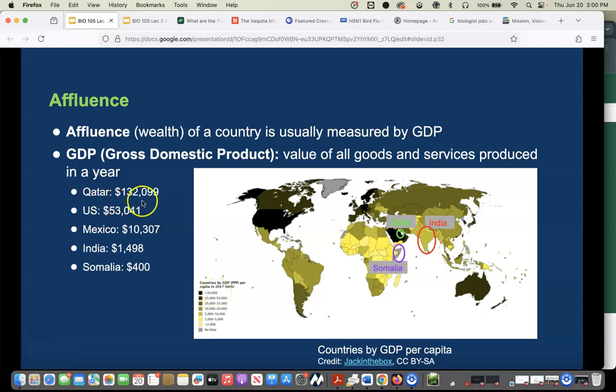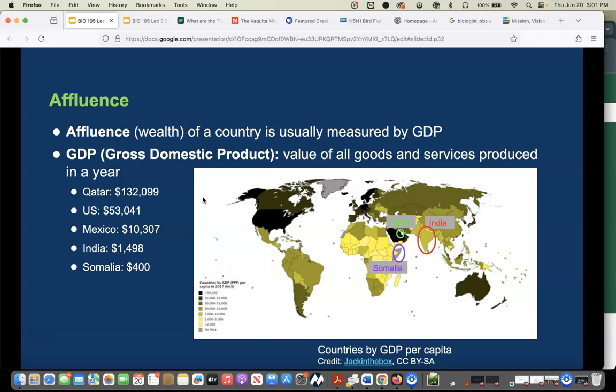So in Qatar, the gross domestic product is 132,000 per capita. Now, as you can probably guess, not everybody out there, even though that's the per capita, is making $132,000 a year selling these goods and services. You have a number of individuals that are really rich and a number of individuals that are very poor.